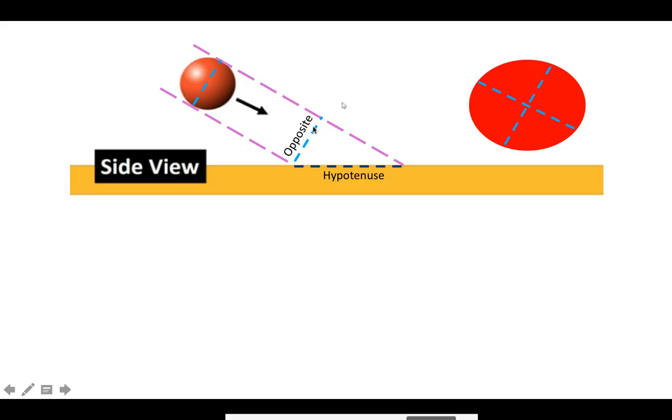Now, the last thing that we need to look at is our angle, right? So that's going to be right here. This is the angle that we are looking for. And remember, the sine of the angle is equal to the opposite side of my triangle divided by the hypotenuse of my triangle.